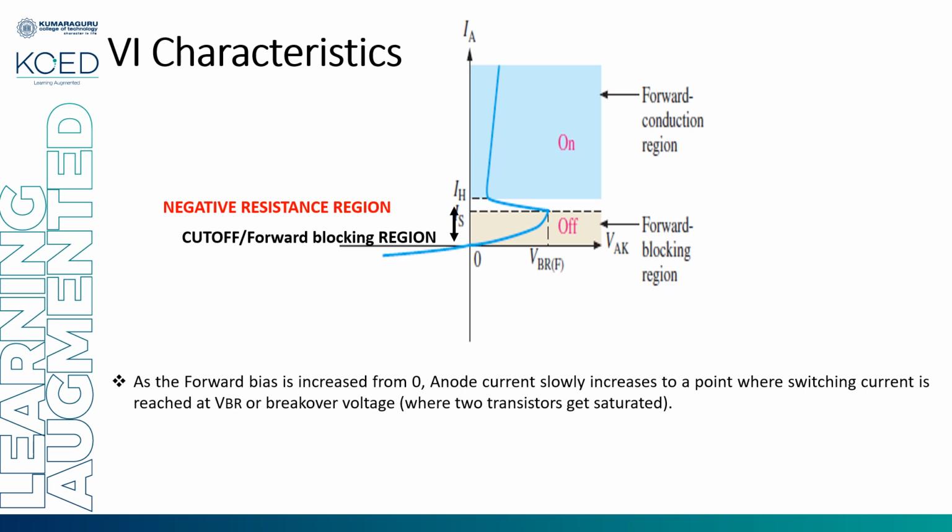So when we have increasing voltage but decreasing current, this is called the negative resistance property. From IS to IH, it goes through the negative resistance region.